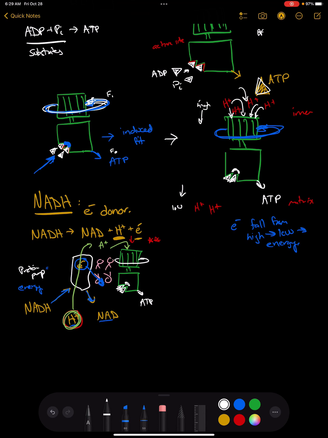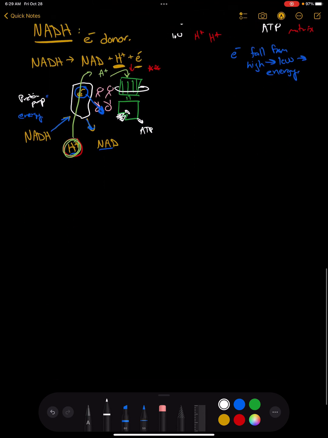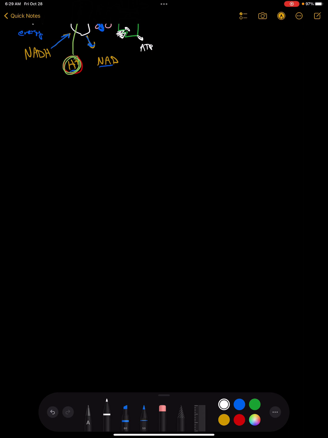So now let's draw a really big picture, okay? So this whole picture, let's label it the electron transfer chain, which you guys should be kind of familiar with that word from one of your other biology classes.